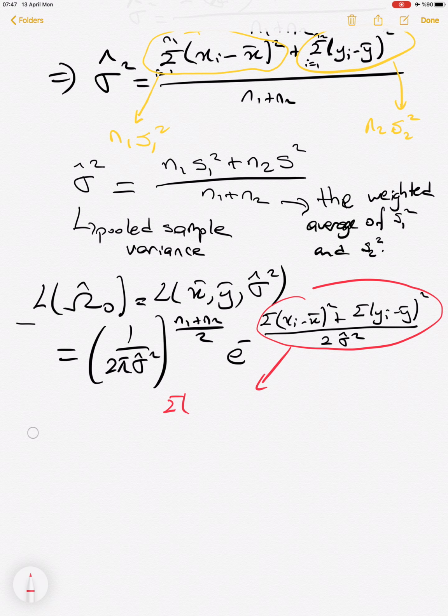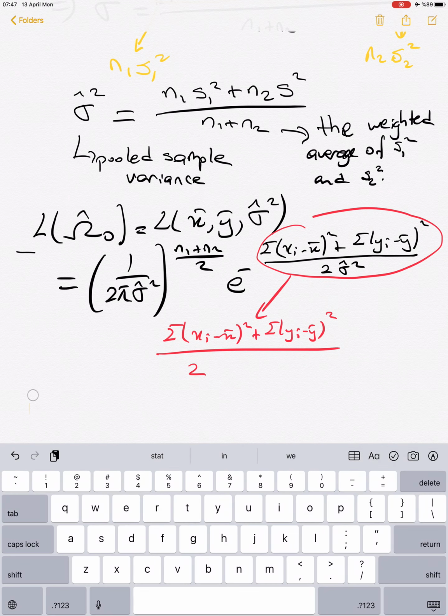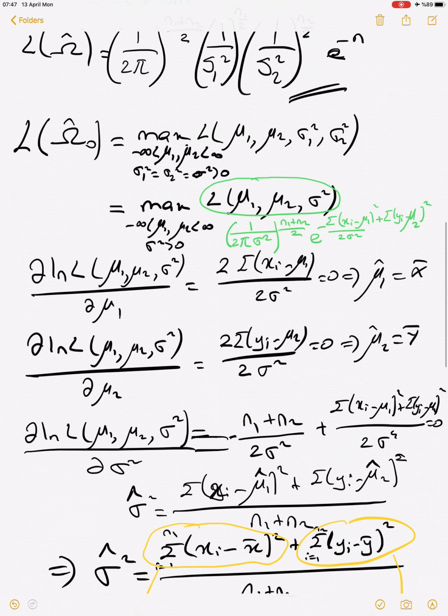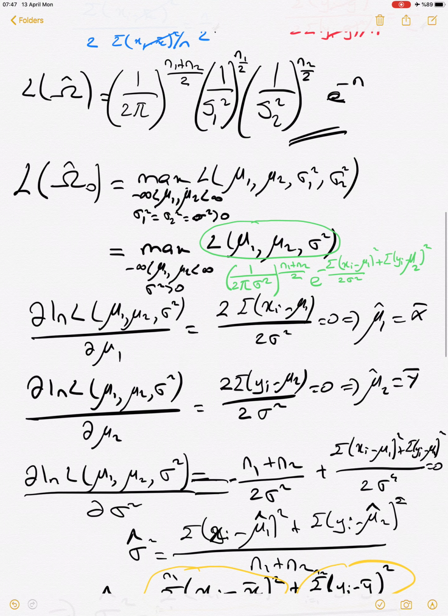So the summation of (xi minus x bar) whole square plus the summation of (yi minus y bar) whole square, divided by 2. I realized that I made a mistake in the previous case when I wrote n; this should be n1 plus n2 actually, over 2, so we don't have the same n value, sorry.